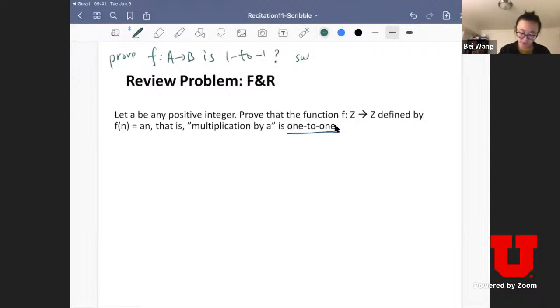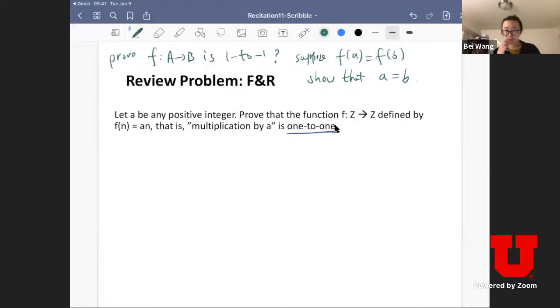We suppose f(a) is equal to f(b), and we want to show that a is equal to b. So that's how you prove a function is one-to-one. Recall the definition and the if and only if condition from the previous slide.